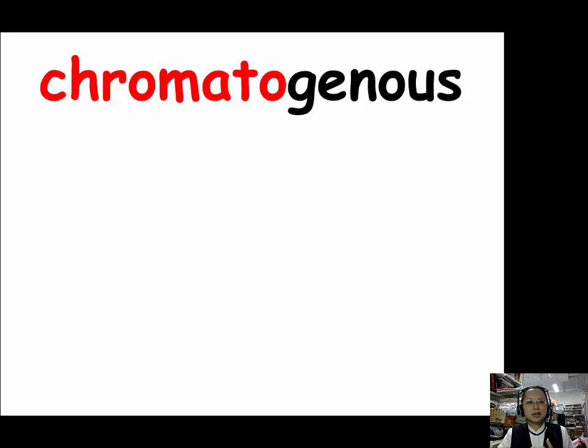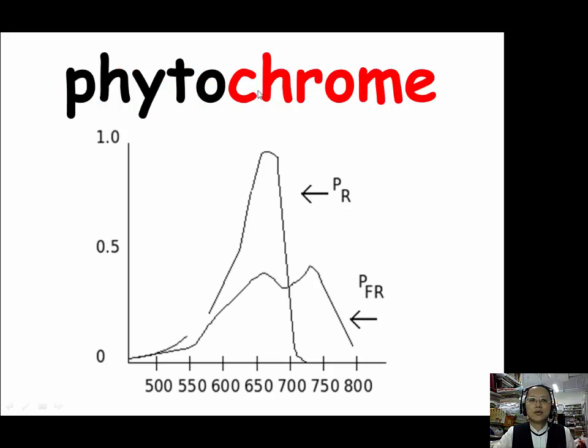Sometimes this color will not go away for several days. So that ink is also chromatogenous. For chrome, C-H-R-O-M-E, the suffix, we give one example, phytochrome.